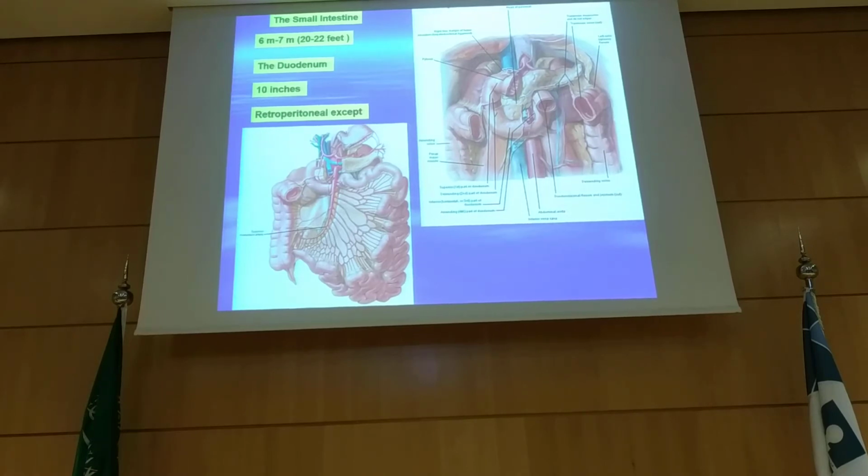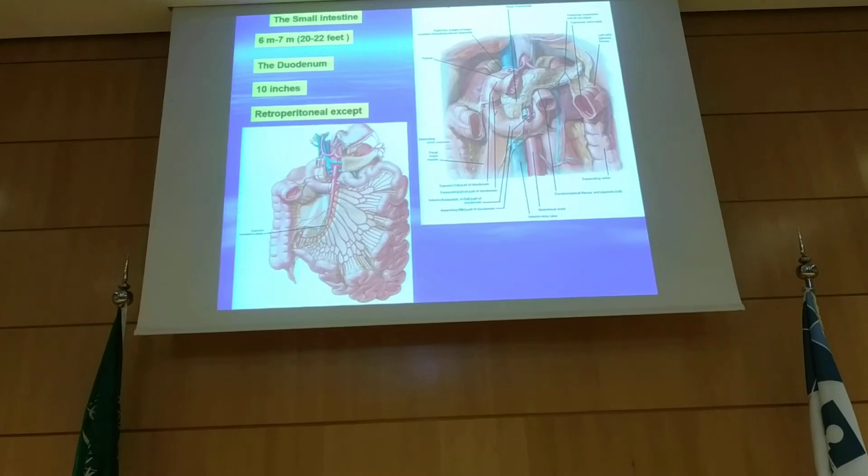It is covered. If you open the abdomen, you're not going to see the duodenum, because it is covered by peritoneum completely, except the first inch. I'm talking about the duodenum, except the first inch of the first part.